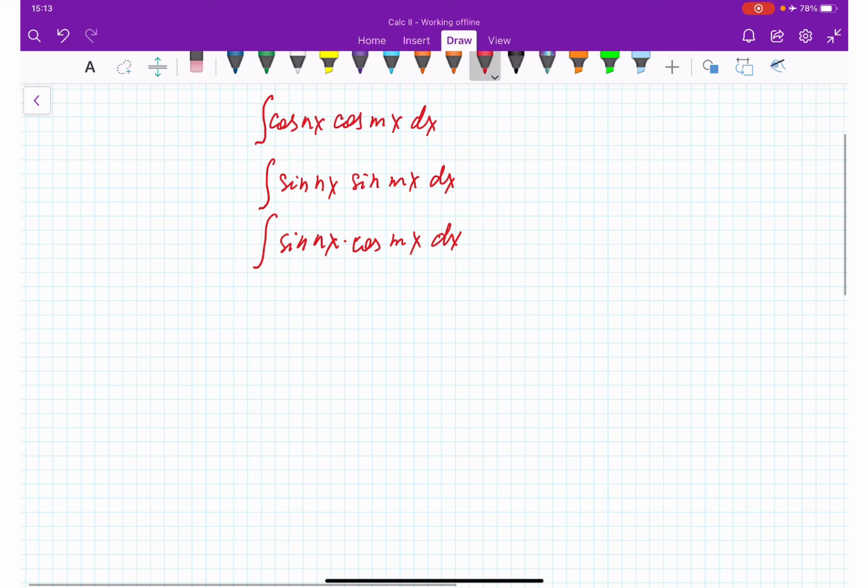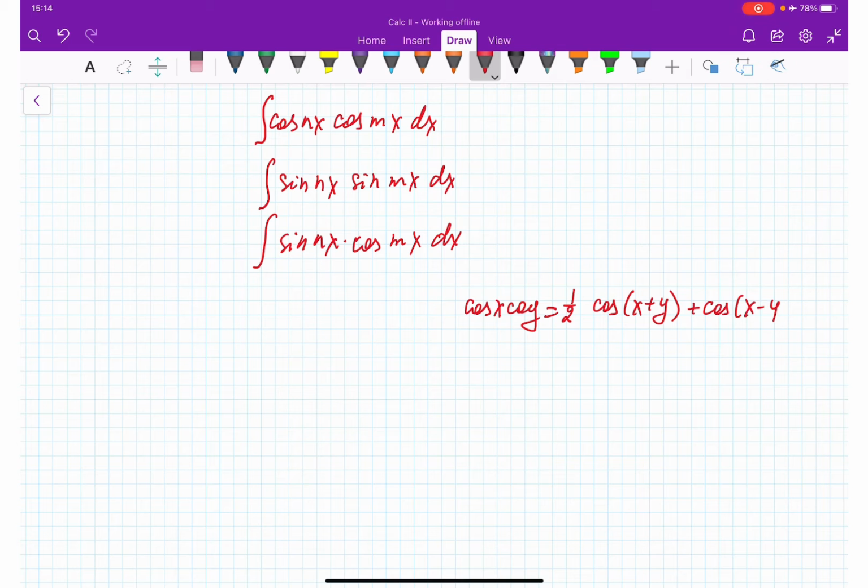Okay, before we start solving trig integrals of this form, let me remind you of some formulas of the trig functions. So that is: cosine x cosine y is equal to 1/2 cosine (x plus y) plus cosine (x minus y).